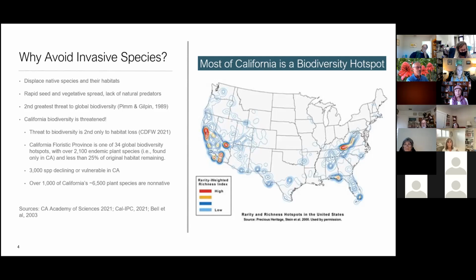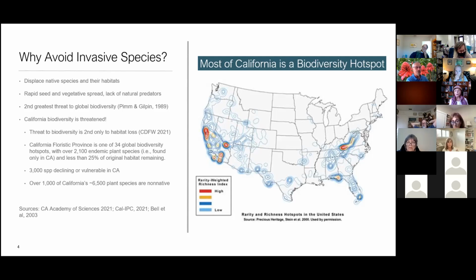California, you look on the map on the right, is a biodiversity hotspot in the world. There are 34 biodiversity hotspots, meaning places where native biological species diversity exists.